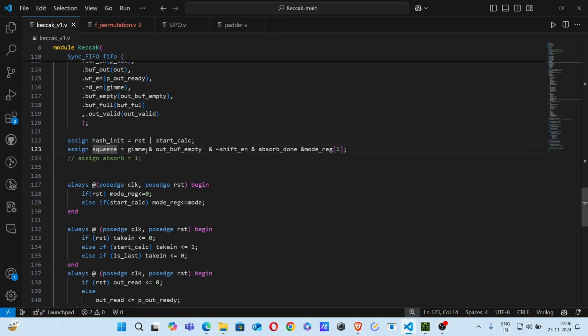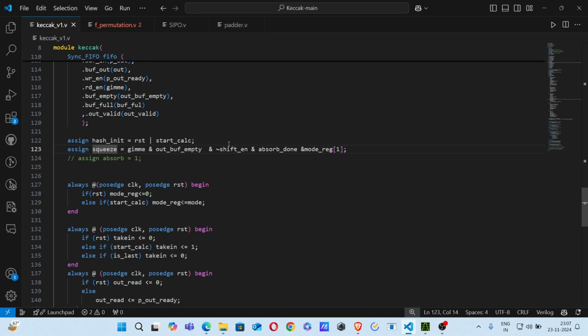Squeeze is triggered whenever the sampling unit needs more bits, but the FIFO at the output is empty, and also not of shift enable. The shift enable is a signal from the piso.